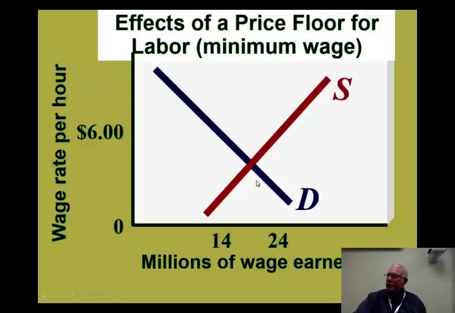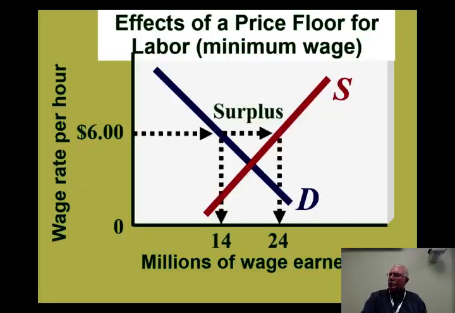Here's the demand for labor, here's the supply of labor. So the equilibrium price would be where the quantity demanded equals quantity supplied. I should change this, instead of $6, it'd be more realistic to use maybe 10 or 15. But anyway, if we set the minimum wage above the equilibrium wage, then what has got to result?